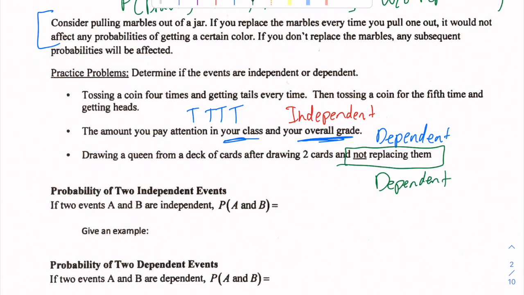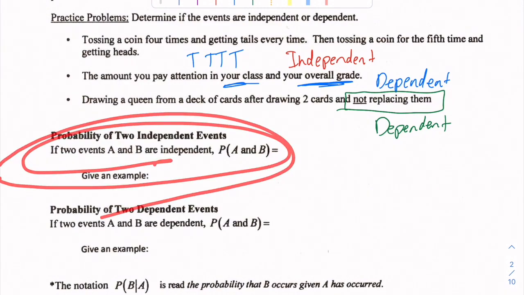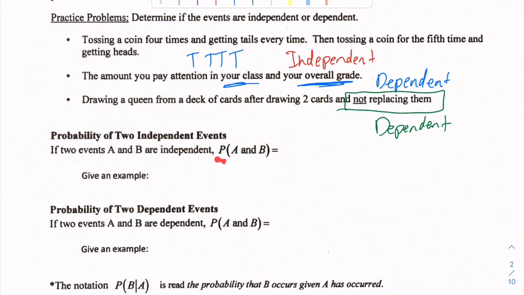Here are some notations for you. If 2 events, A and B, are independent, then the probability of event A and event B, you simply multiply: the probability of A times the probability of B, which we'll talk about in a bit.